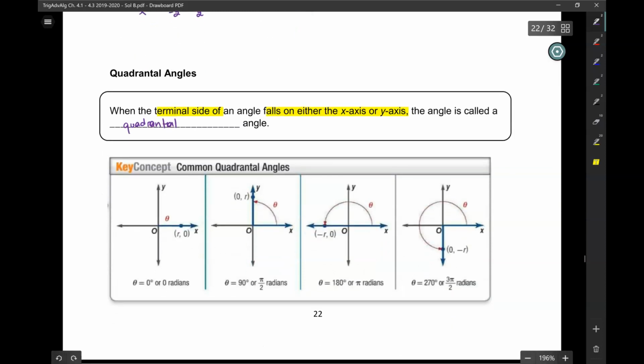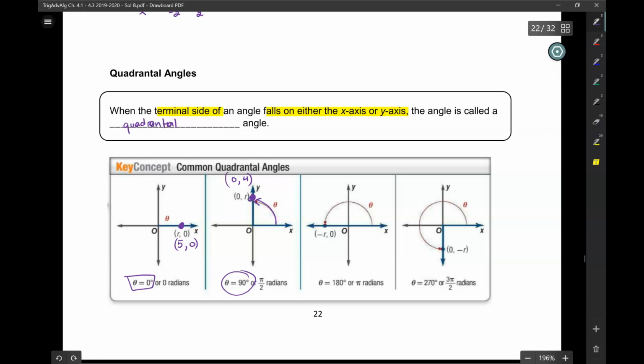So for example, suppose I have a point like 5, 0. That's right there. Okay, that's on the x-axis. What angle does that make? 0 degrees. Now suppose my point was something like 0, 4. Where would that be? 0, 4, right there. How big is that angle? 90 degrees.